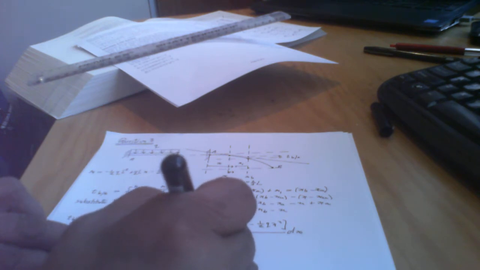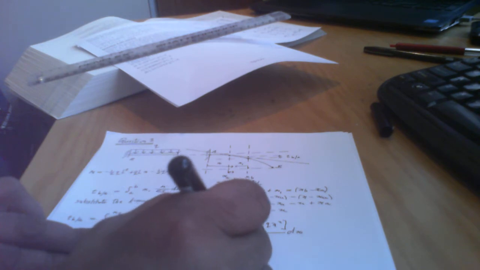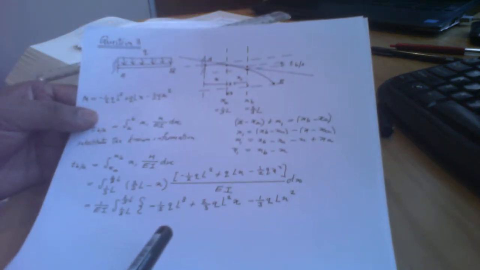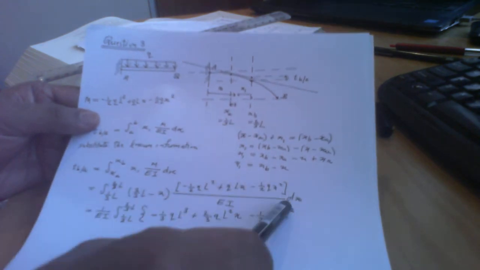And then 2/3, so plus 2/3 QL squared x minus 1/3 QLx squared, and now multiply the minus x into all of that stuff.